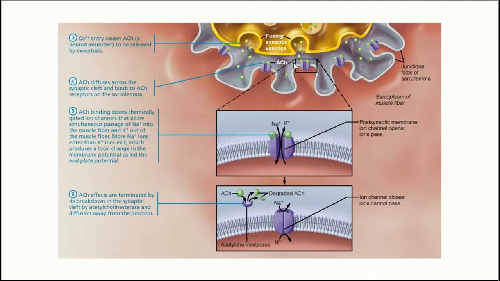These ACh receptors are on the sarcolemma surface, embedded within the plasma membrane in the junctional folds of the neuromuscular junction.